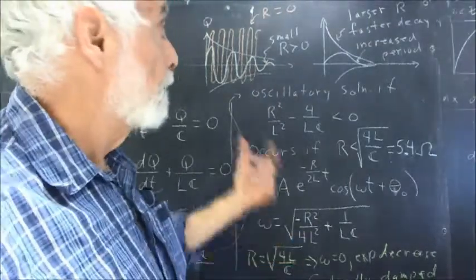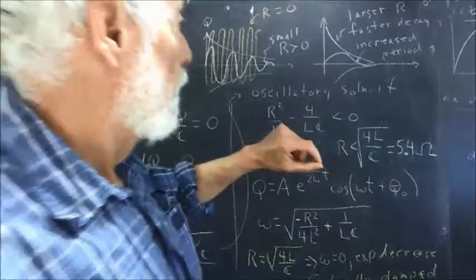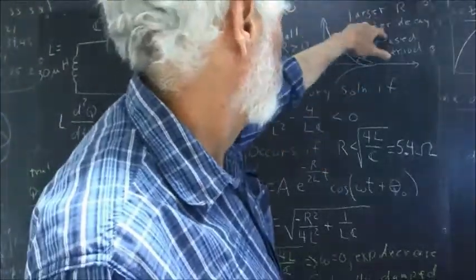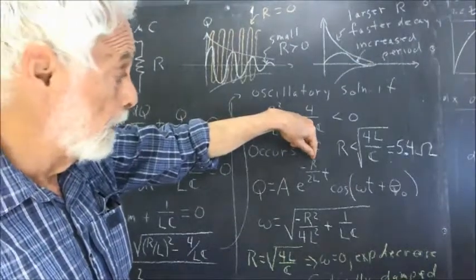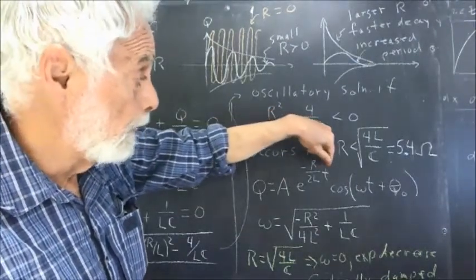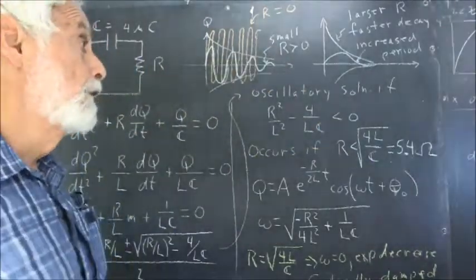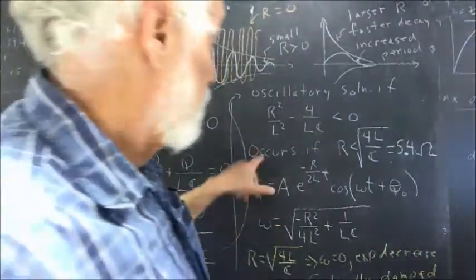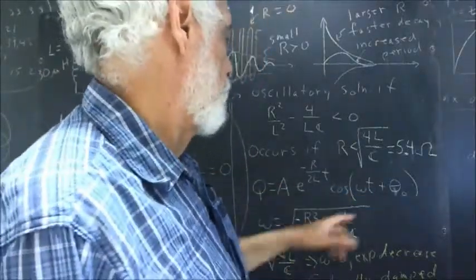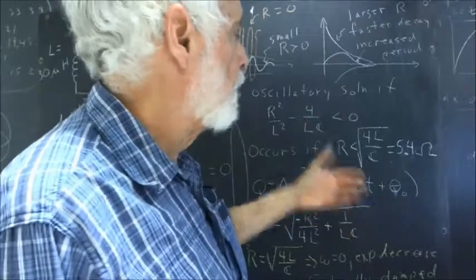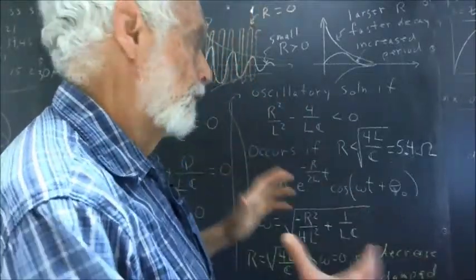Now, if you let R get pretty close to the square root of 4L over C, then you're going to have a situation where a larger R gives you a faster decay because you have a bigger, negative coefficient of t. It's going to drive the exponential function towards 0 more quickly, and you're going to have a frequency that's approaching 0, a period that's approaching infinity.